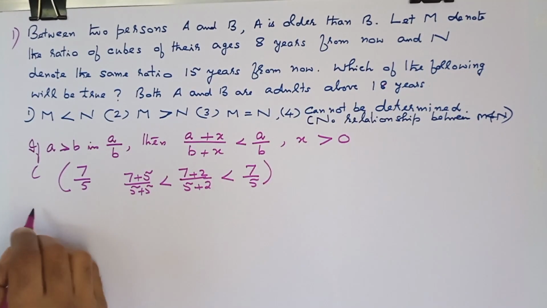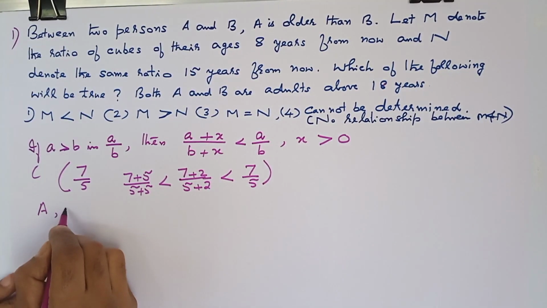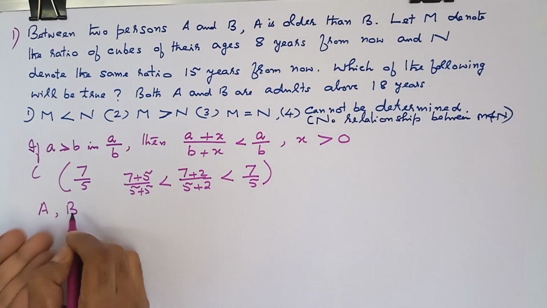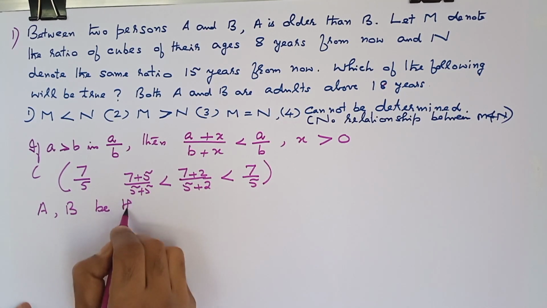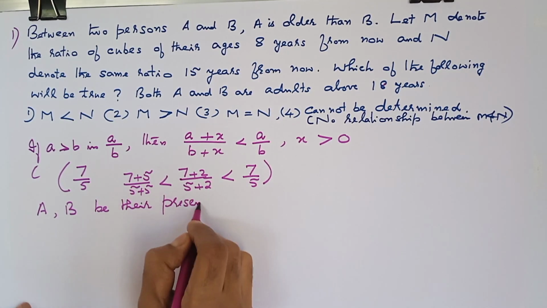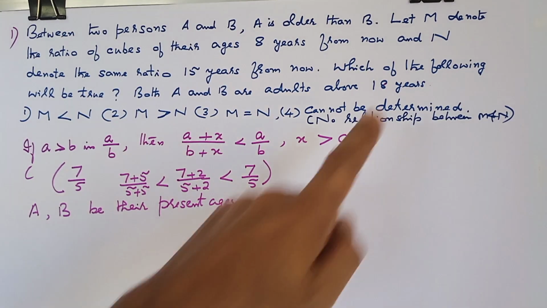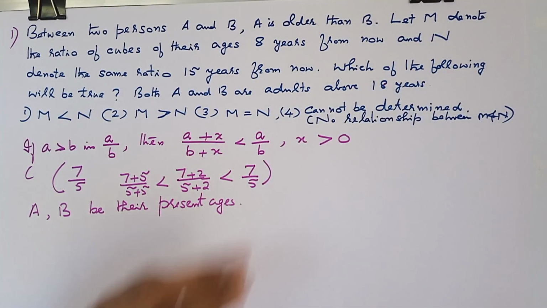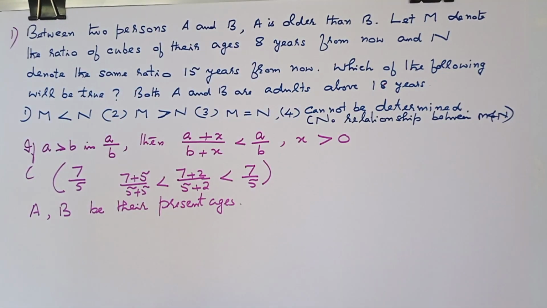Here there are two people. Let A be a person. We may use the same notation for the present ages. Okay. Now what do they say? They're introducing M and N. What is M? Ratio of cubes of their ages 8 years from now.